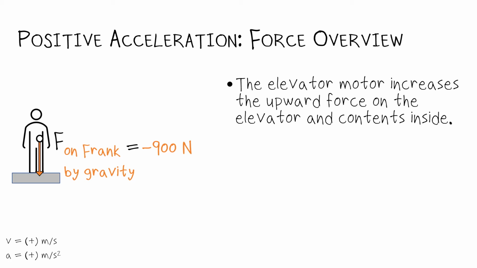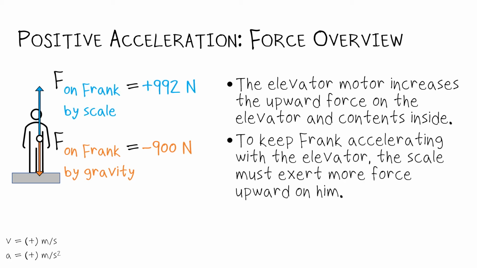Well, the elevator motor increases the upward force on the elevator, all the contents inside, and the elevator wants to keep its contents accelerating upward with the elevator. And in order to do that, it exerts more force up on them in order to create an unbalanced force. So the floor of the elevator exerts a force on the bathroom scale, which exerts a force on Frank, and now Frank has a larger force acting up on him than he does acting down on him.